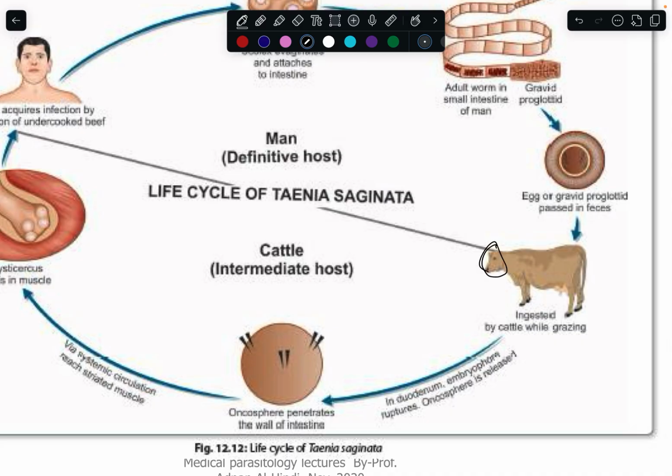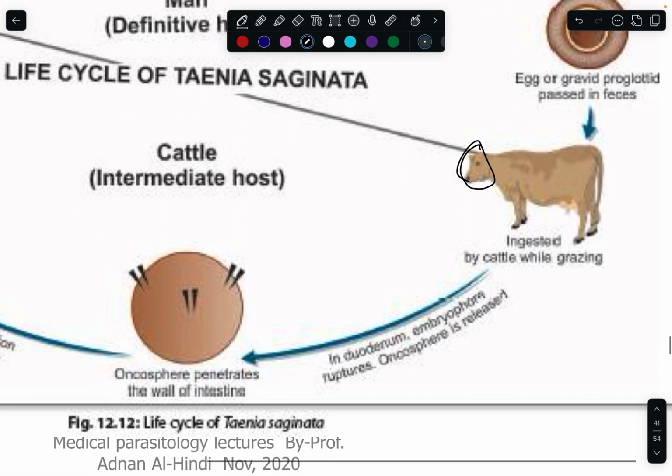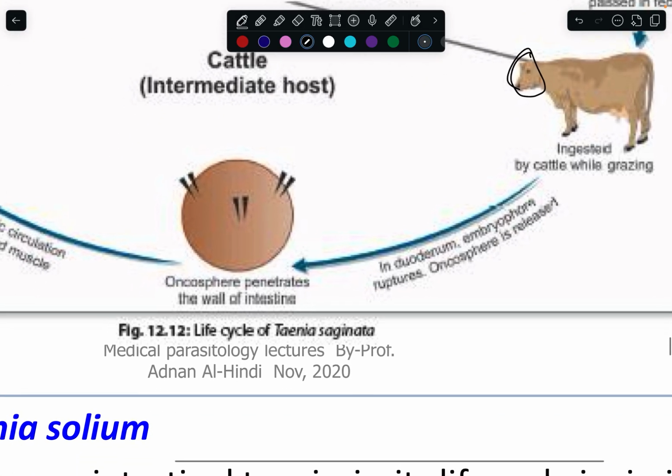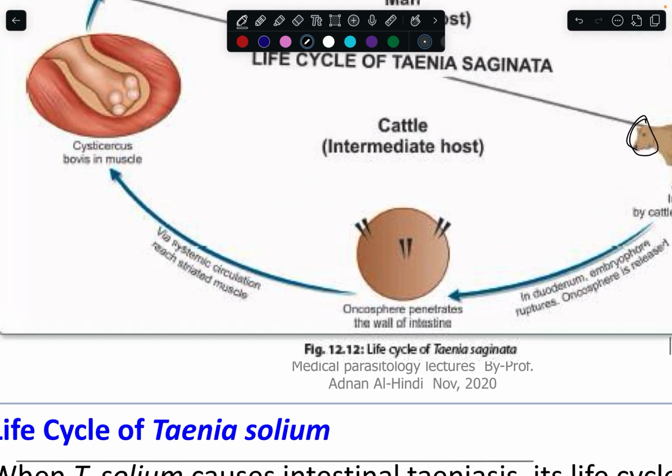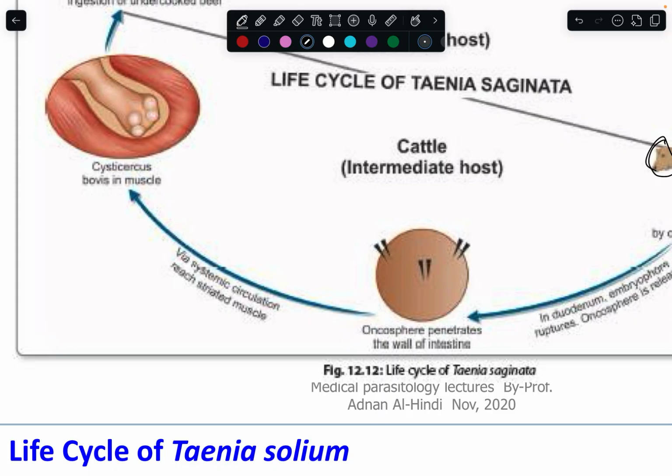The cattle, this dude, ingests the eggs while grazing on the ground. The oncosphere penetrates the wall of the intestine. The Cysticercus bovis in muscle.